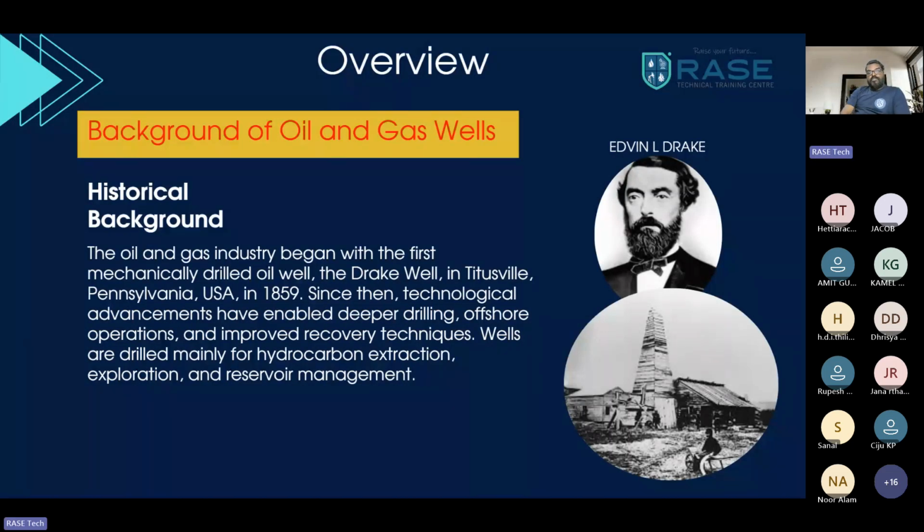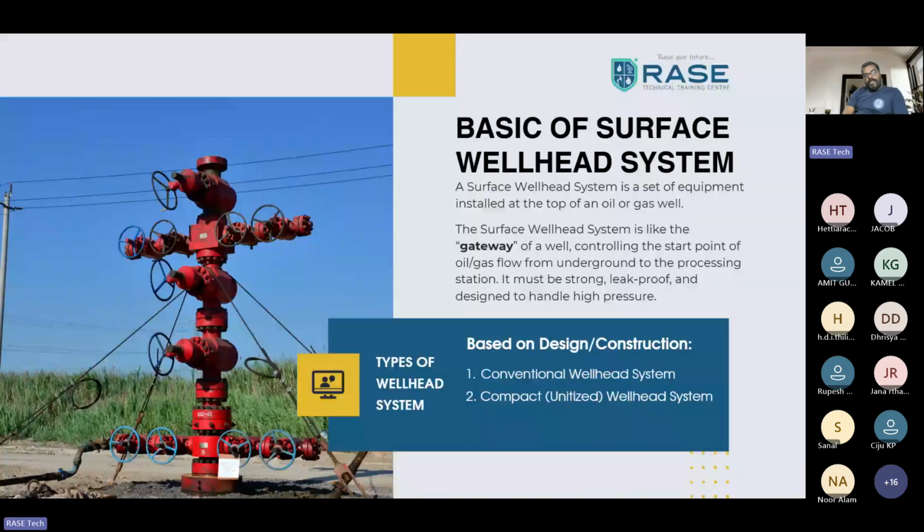So, the basics of the surface wellhead system. A surface wellhead system is a set of equipment installed at the top of an oil or gas well. Once we drill the oil or gas well, we install the equipment called the wellhead system.